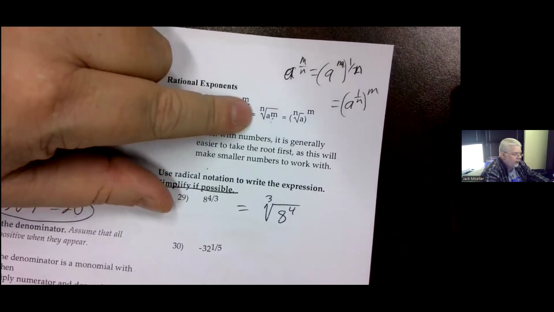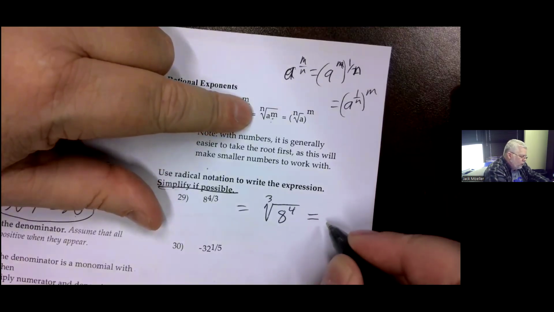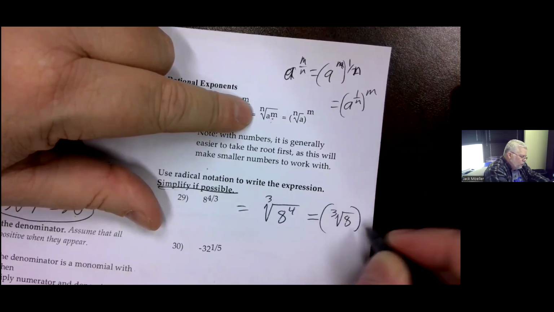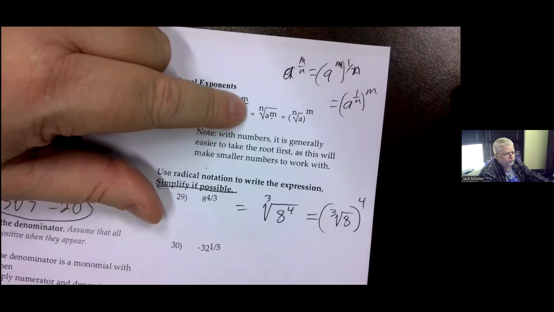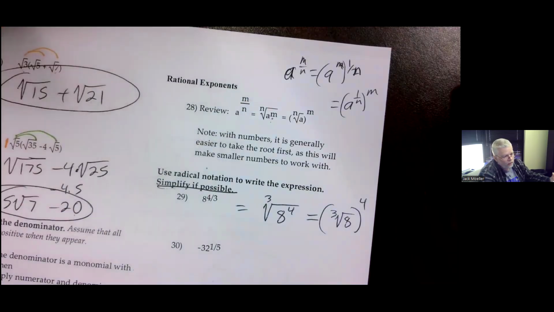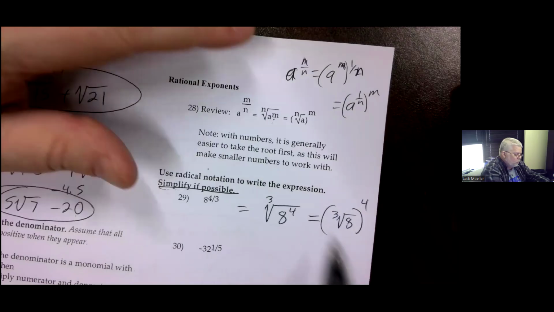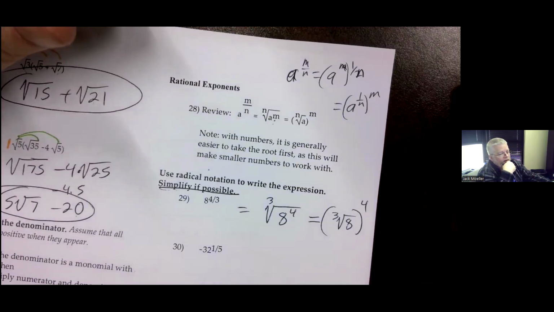So that's sort of what we're doing there. Or we could write this the other way around and do the cube root of 8 to the 4th power. So either of those should be acceptable to MATLAB. And then again, they may want just the simplify part, but this is sort of an intermediate step. We need this to be able to simplify.